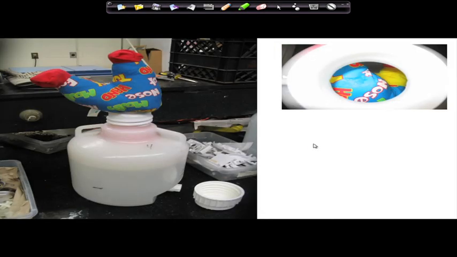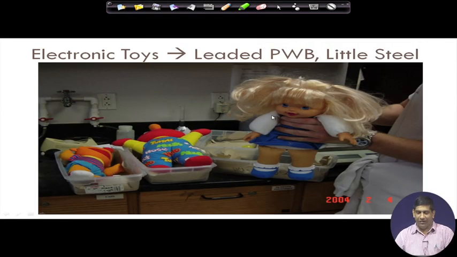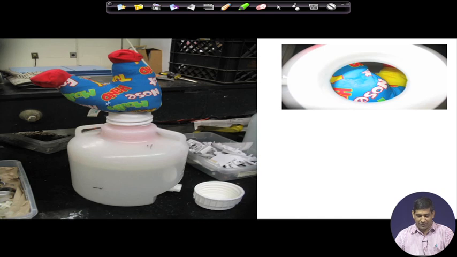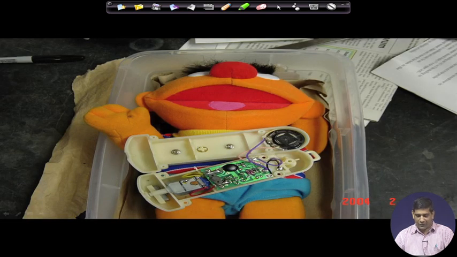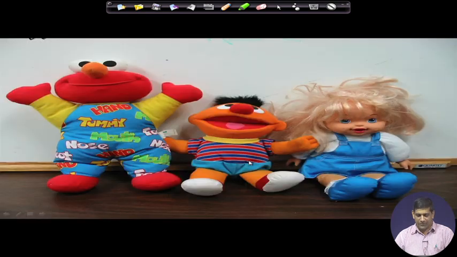We as human beings have to make our decision on how to take the data and how to make use of that data. So we did some TCLP tests on some of these toys. We size reduced them, put the whole thing in there and rotated them through, and as you can see, a little bit of printed wire board here came out to be a hazardous waste.